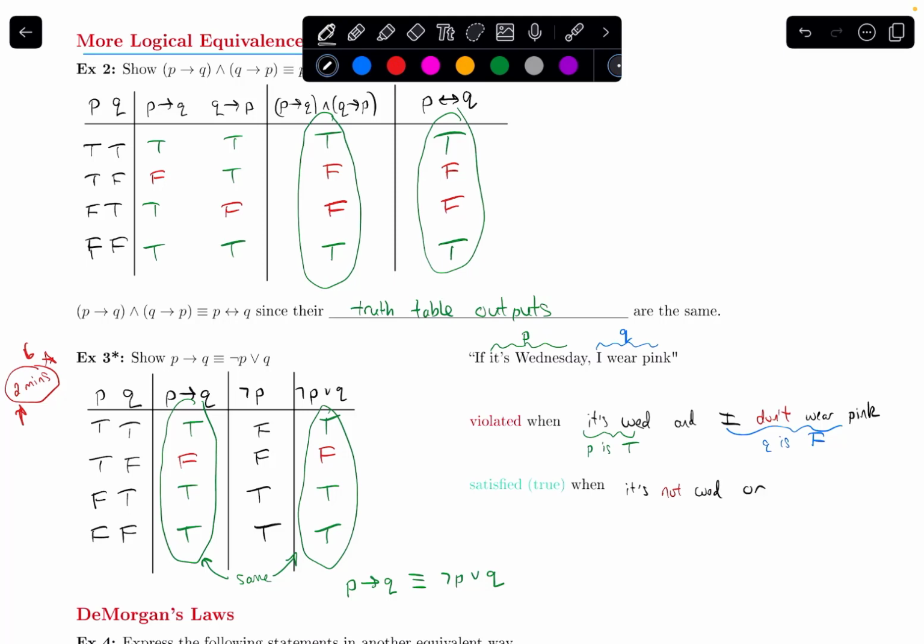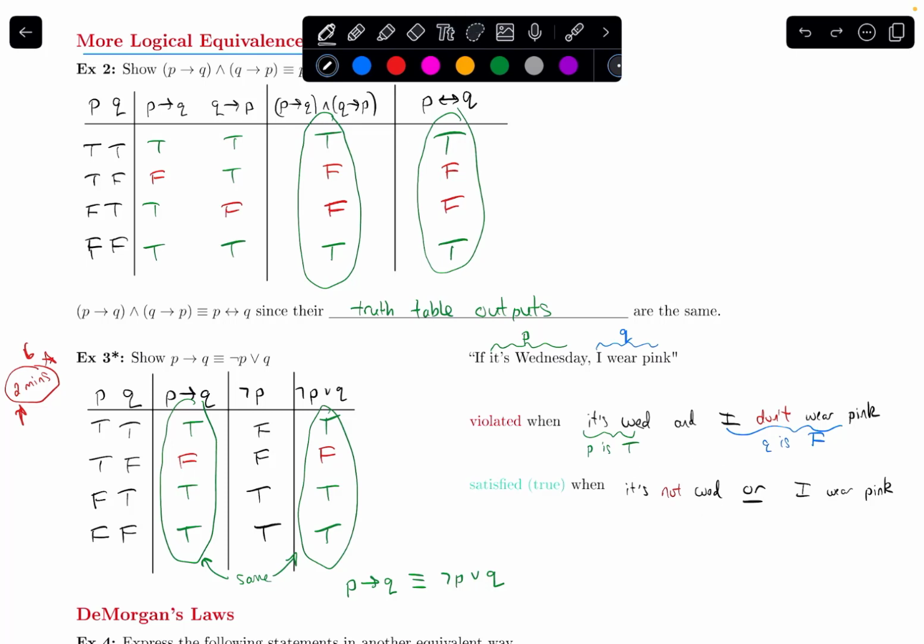Or if I wear pink. Because if I'm wearing pink, I'm going to be good no matter what. Because if it's Wednesday, I'm all good. But if it's any other day, I could wear whatever I want. So if I wear pink, I'm safe. And also, if it's not Wednesday, I'm safe. I could wear whatever I want.